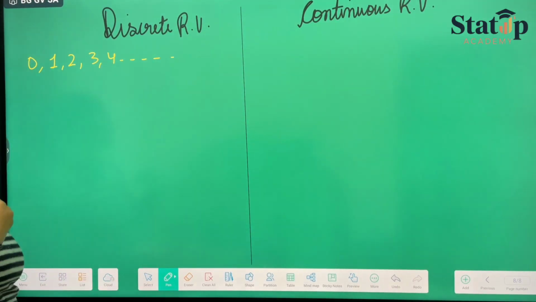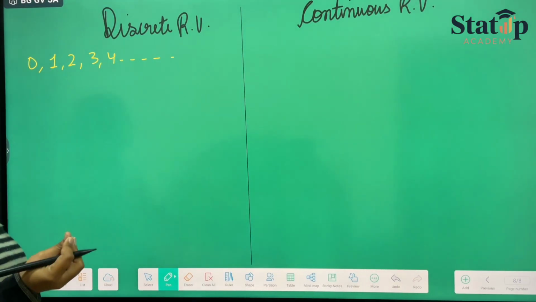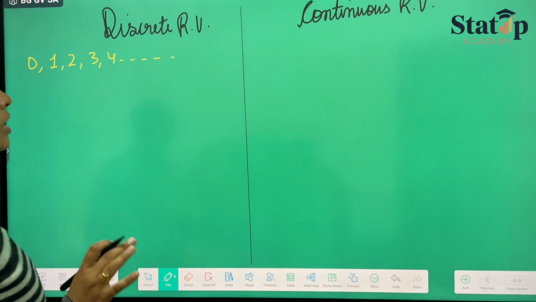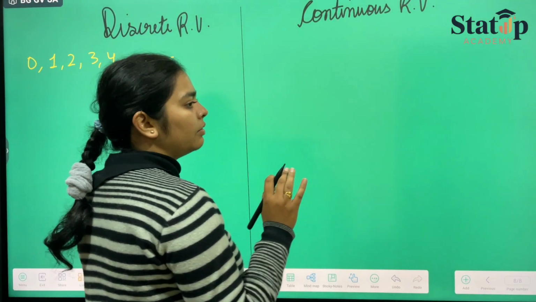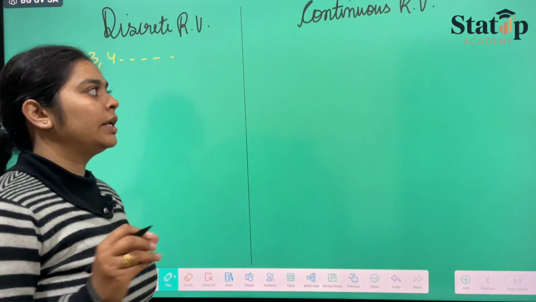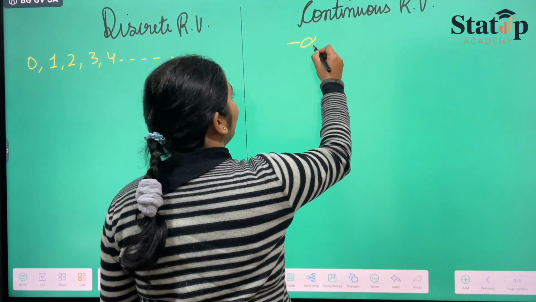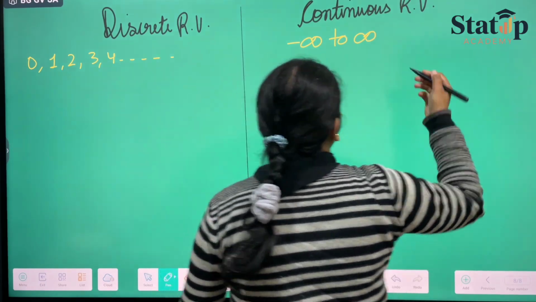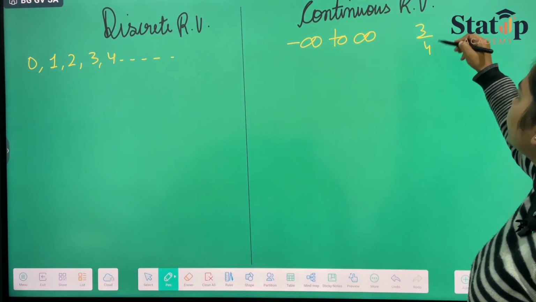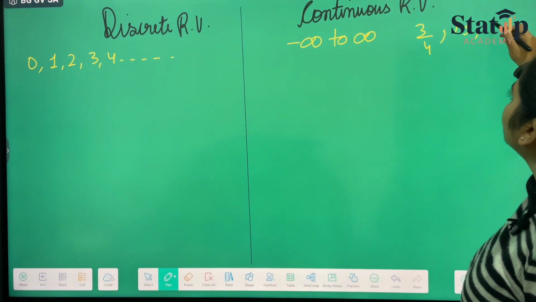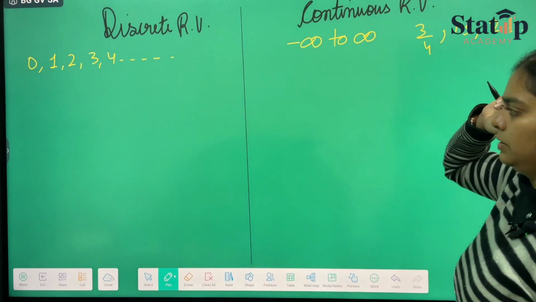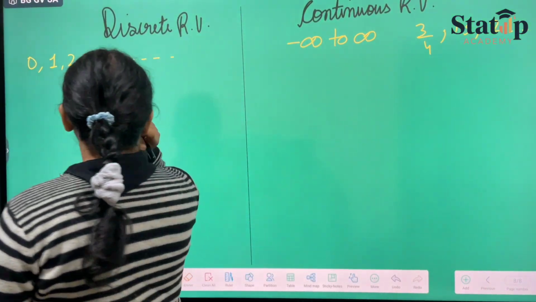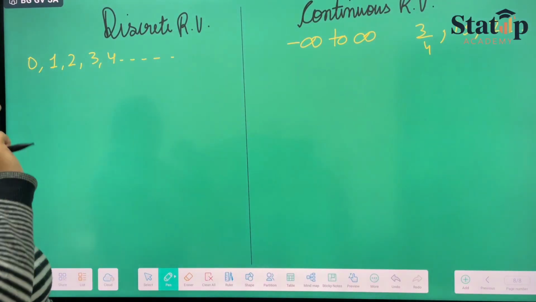When the random variable takes whole numbers as values, it is known as a discrete random variable. Whereas when the random variable takes any value from minus infinity to infinity, it is known as a continuous random variable. It can include 3 by 4, 1.5, 2, and anything like that.